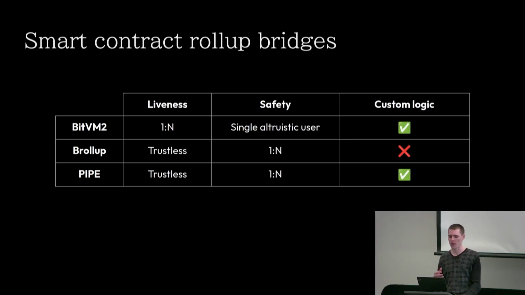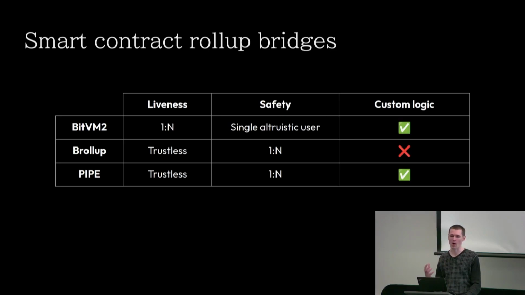And then finally, there has been this recent paper about pipes, which is based on technology called functional encryption. This is still theoretical at this point, but if we take the assumptions in the paper at face value, then we can say that it is actually trustless for liveness because users can basically exit from the bridge themselves.